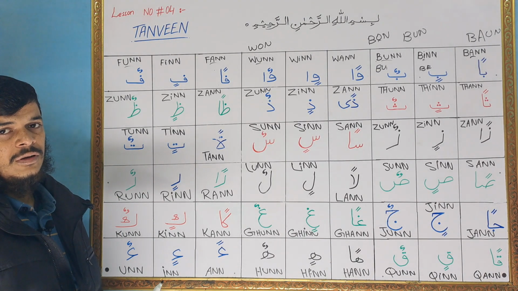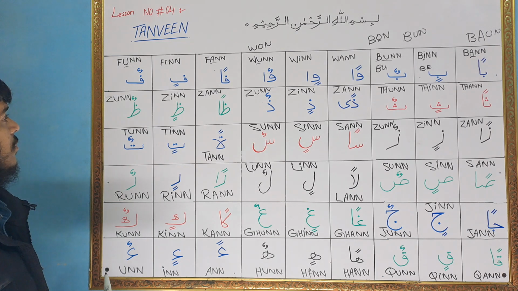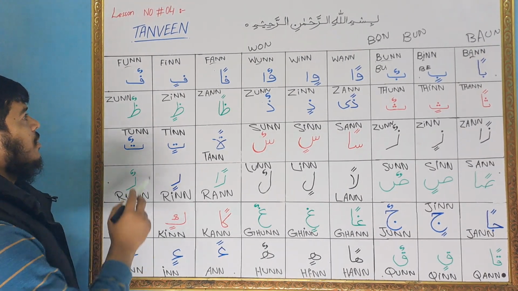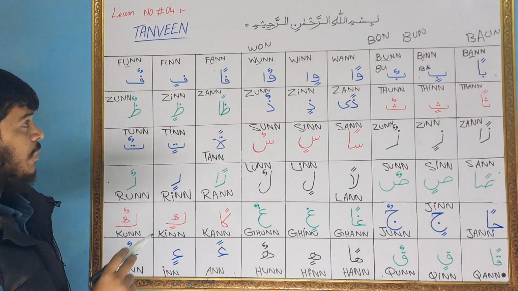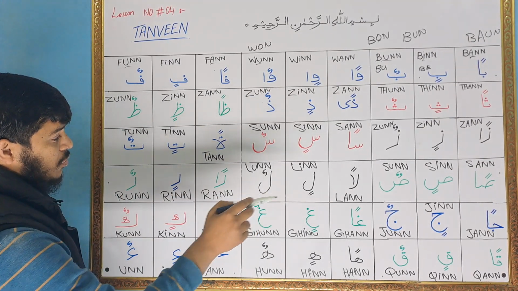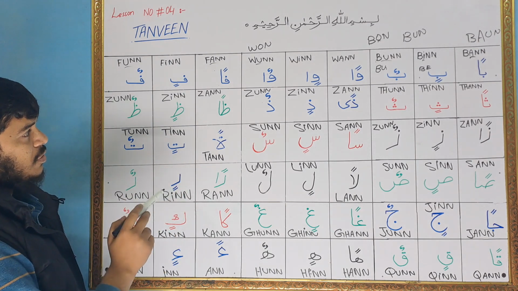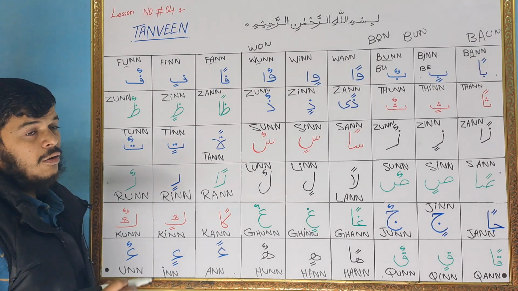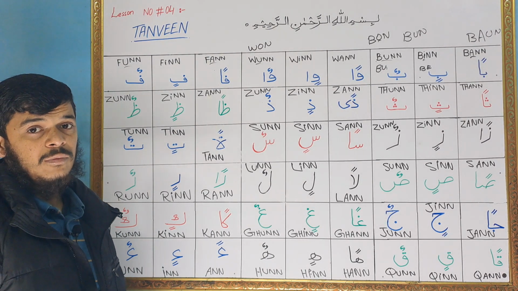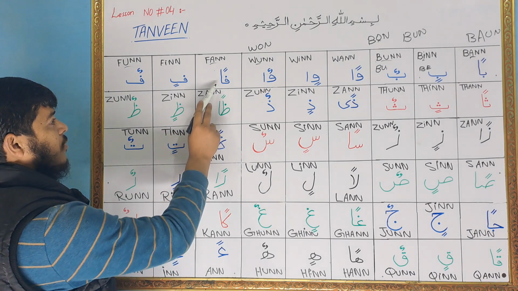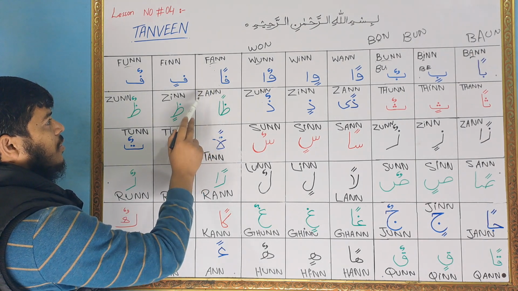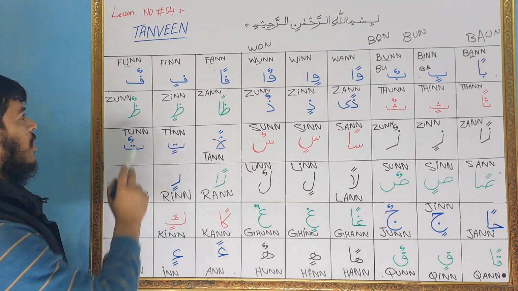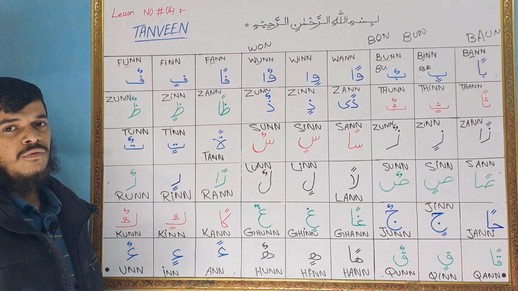Then we can just write it with the letter O, which will not be the exact sound of double dhammah. Similar things will happen with each letter, but you just remember how a letter will sound in Arabic with the Fathah sound, and we will keep the same sound there. Fa double Fathah, fan, fa double kasrah, fin, and fa double dhammah, fun.